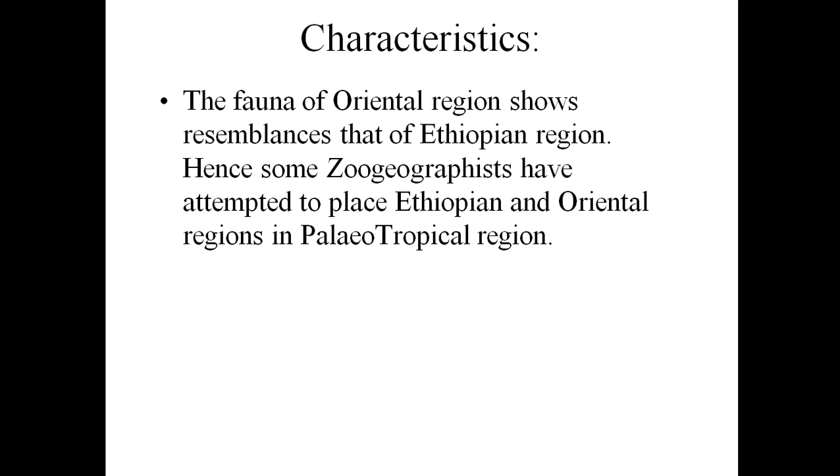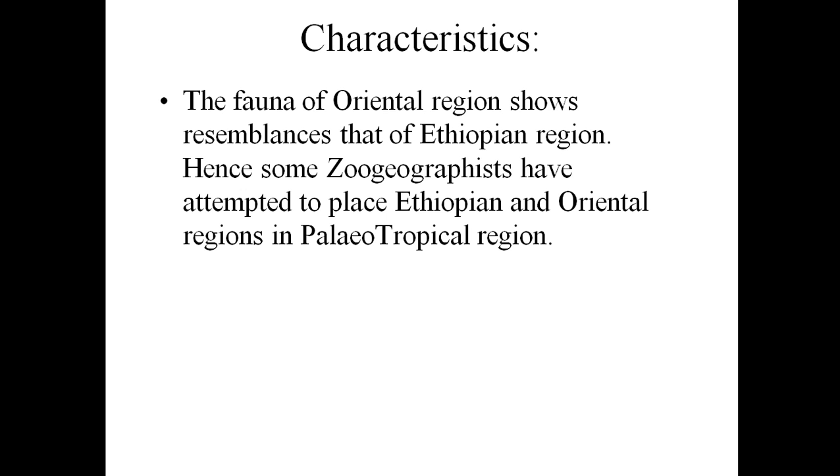Actually, some zoogeographers do not divide the African or Ethiopian region and the Oriental region separately. They club them together. They put the Ethiopian and Oriental regions in Paleotrop and call it the Paleotropical region. I hope you can catch what I am trying to say: the fauna of this Oriental region shows a lot of resemblance with the Ethiopian region.